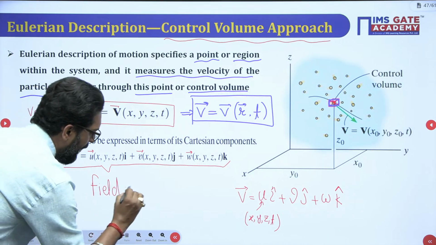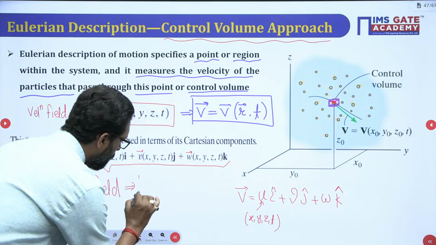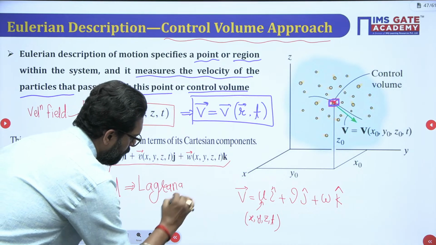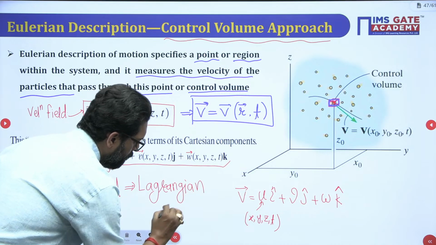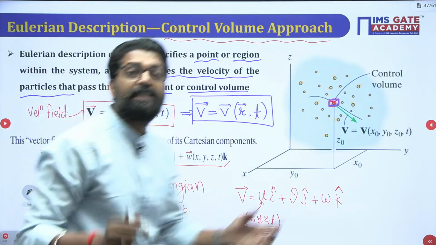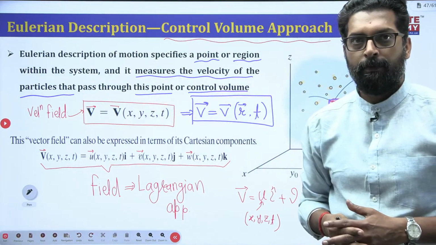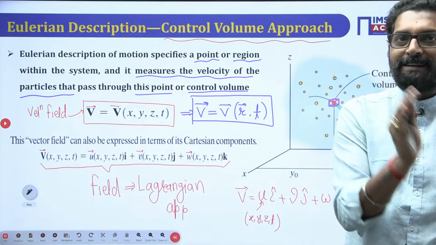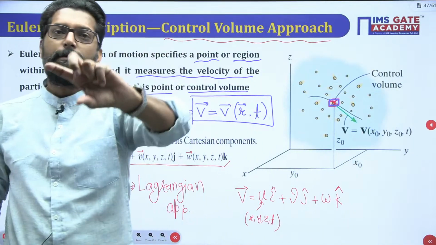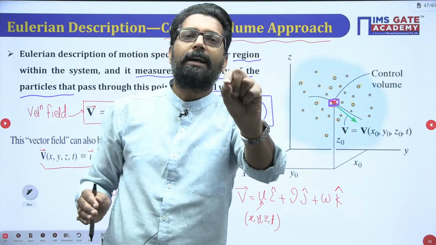And the field has an Eulerian approach. In this one we have to discuss the partial derivative, the relation between the partial derivative and the total derivative.